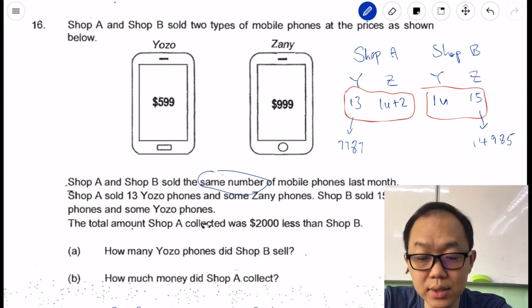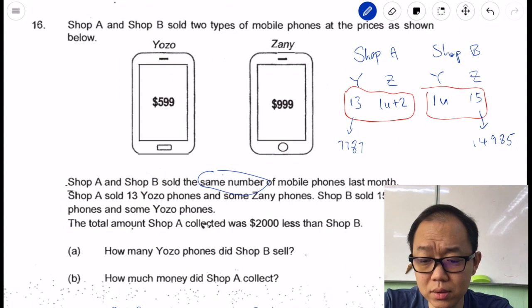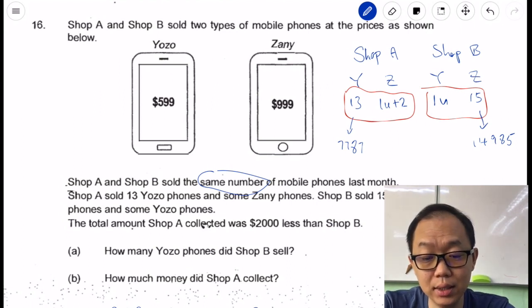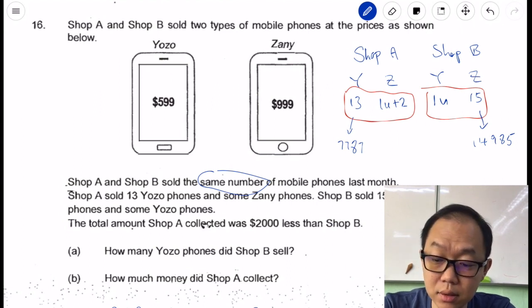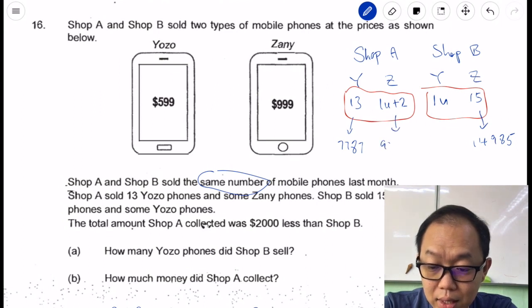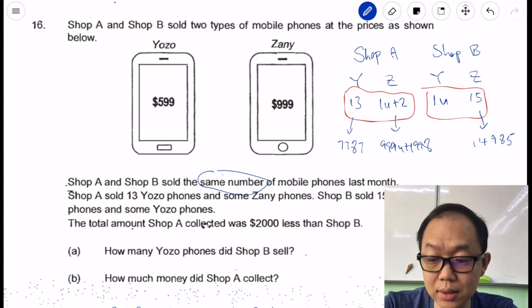Now each Zenny phone is 999. So over here is 1 unit plus 2, so I take 999 times 2. It's 1998. Here is a value of 999U plus 1998.